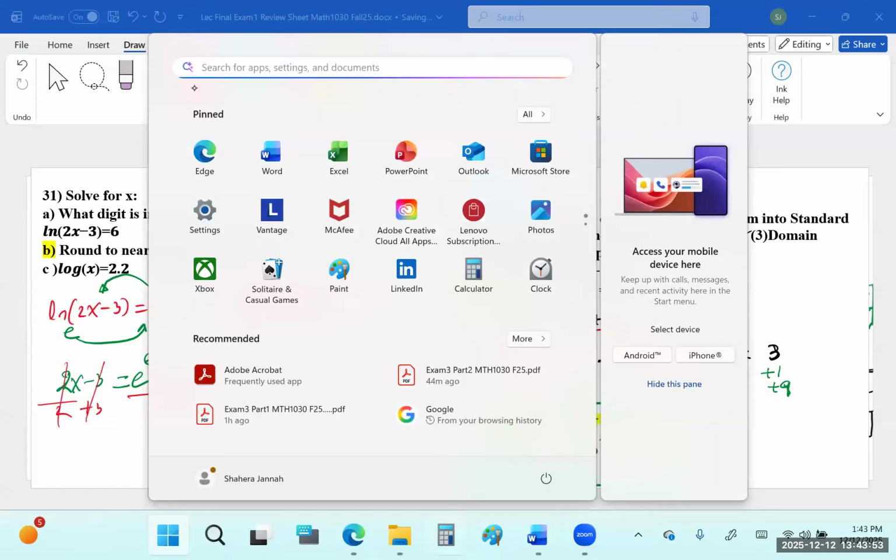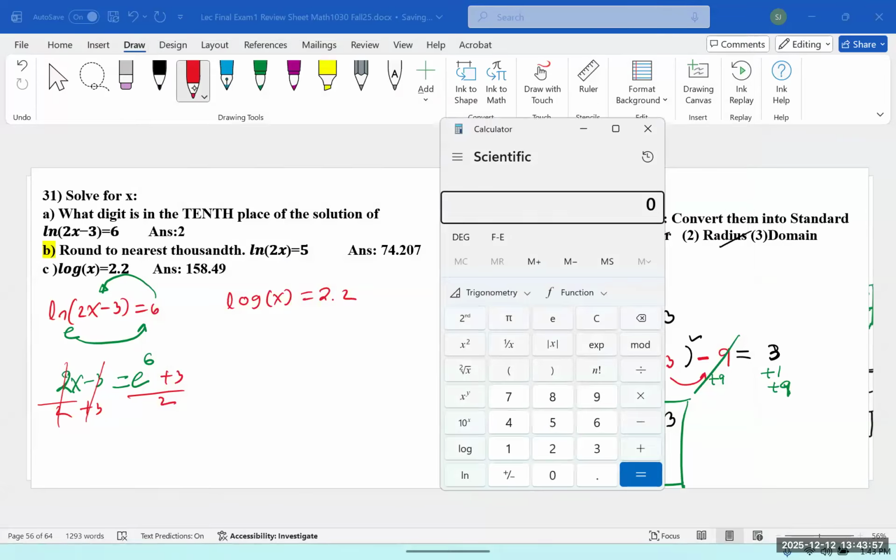So if I use my computer calculator, first I'm going to put E, and then it needs the power. So this is my power. Power 6. And then enter, plus 3, enter, divided by 2, enter. We get 203.214.